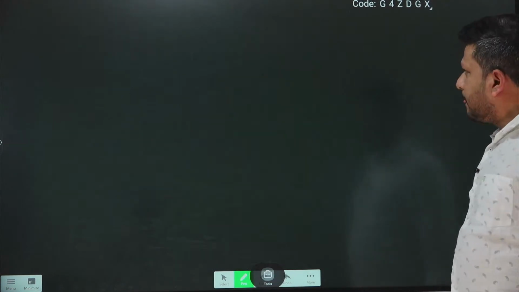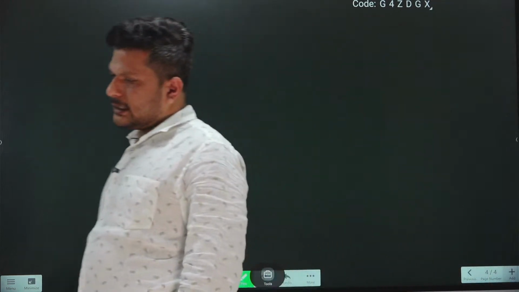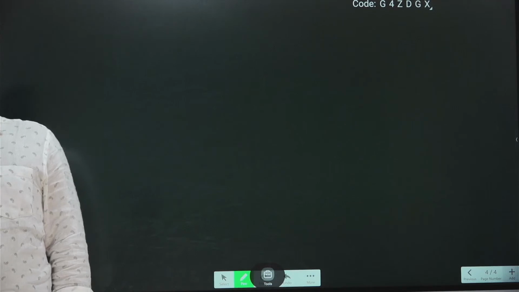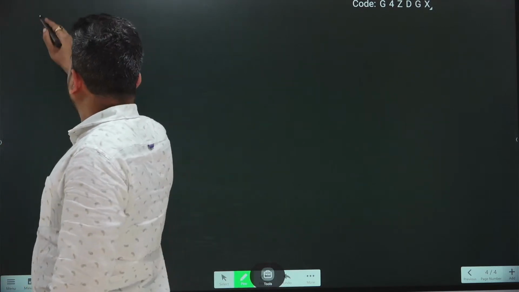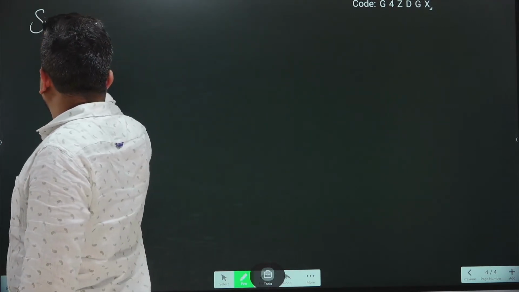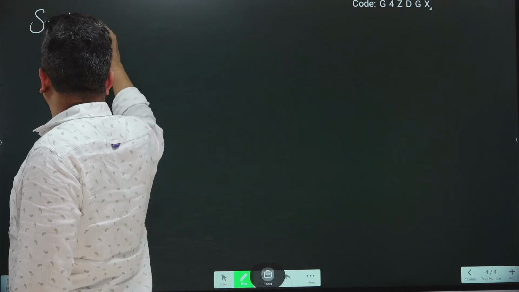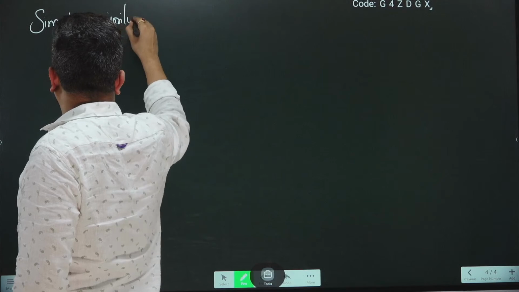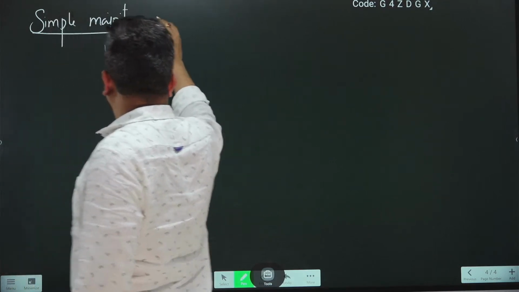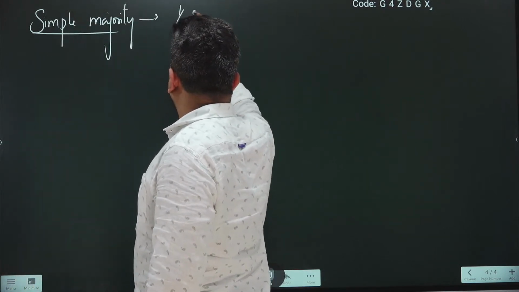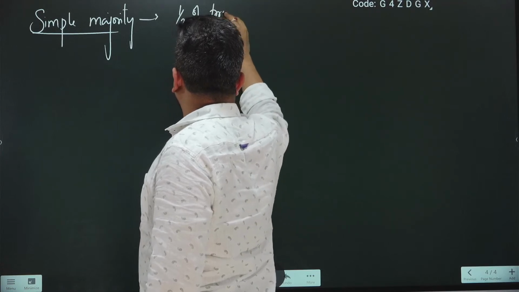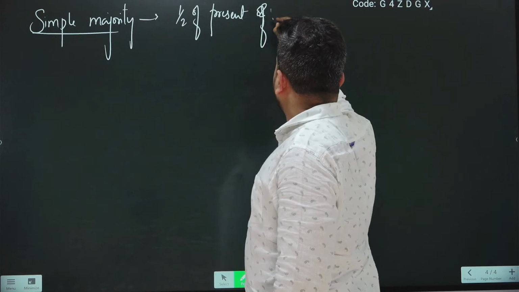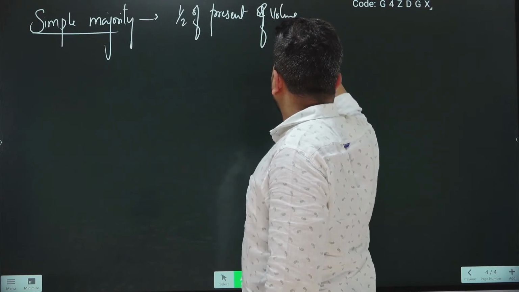So let us see. Number one, as we discussed, the first provision was with respect to simple majority, and what are the provisions which we can amend with simple majority. Simple majority means half of those present and voting.